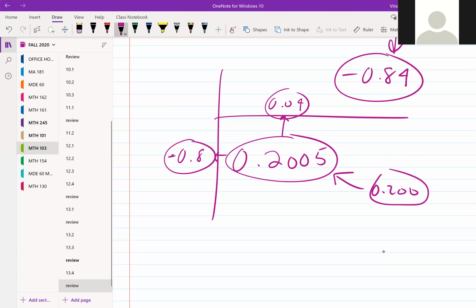Okay. Also, it's still saying it's wrong. Like it's not negative 0.84. All right, let me see what you're talking about here. Mine says 0.200 square units of the area.